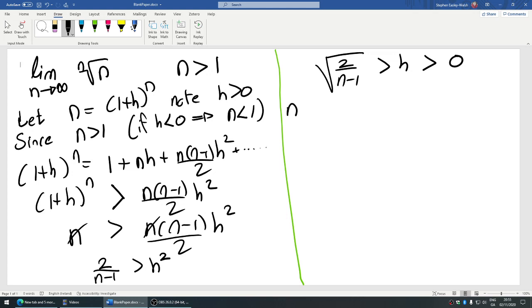So if we take n to infinity and use the squeeze theorem, then we get the limit as n goes to infinity of h will be 0.